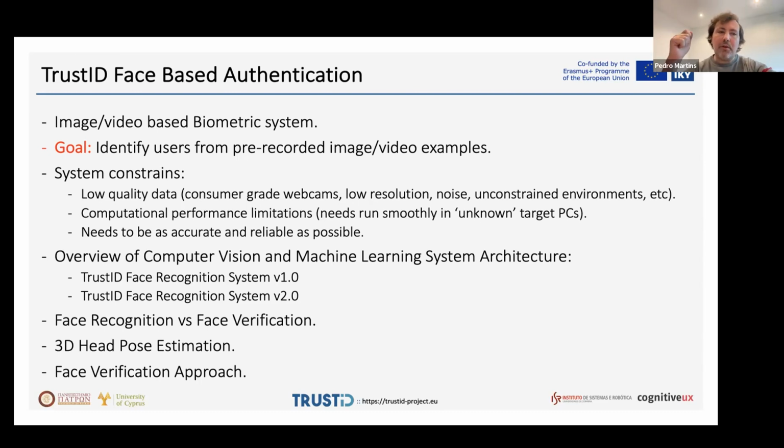Moreover, we have a set of computational performance limitations because we don't know for sure which machines run this software. So we need to select algorithms and solutions that can be as accurate and reliable as possible, while still being lightweight.